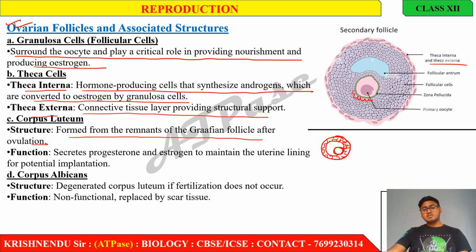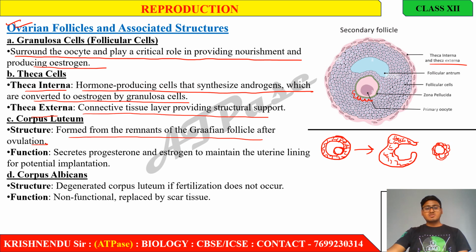This is the structure of the Graafian follicle. After ovulation, it will look like this ruptured structure. Here granulosa cells are present, and the egg is released from the Graafian follicle like this.